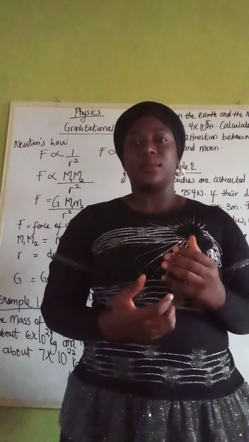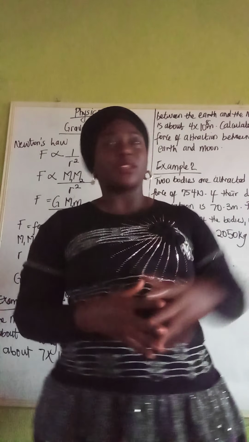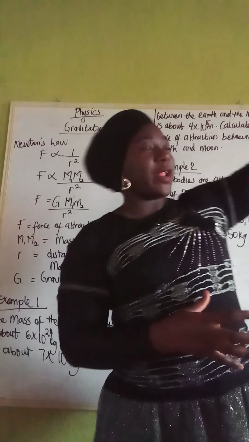Like poles do what? Like poles repel. It is the unlike poles that attract. So this one here and this one here have a force of attraction. So this force experienced by this object is pulling down this one that is on top.